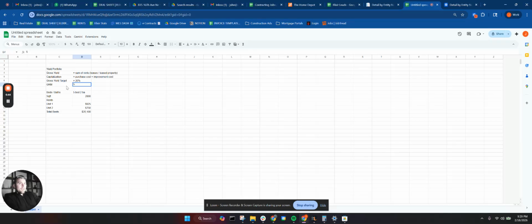So a gross yield target of 20% is 5, and basically the way that we get this is we just divide 1 by this number. So really this is 20%. We do 0.2. Or really 1 divided by.